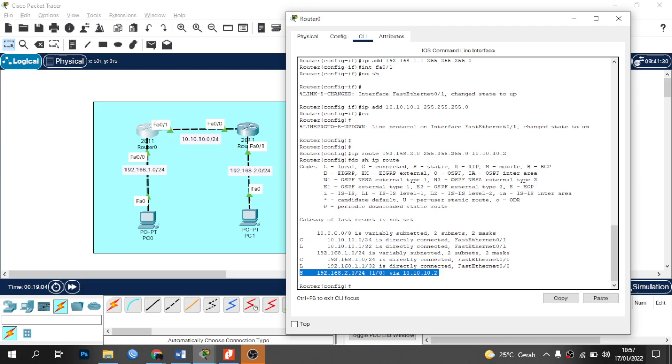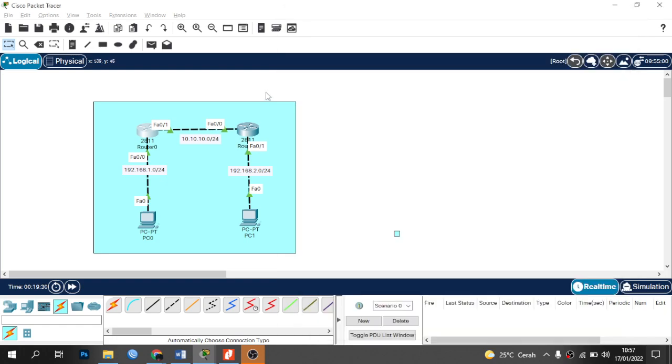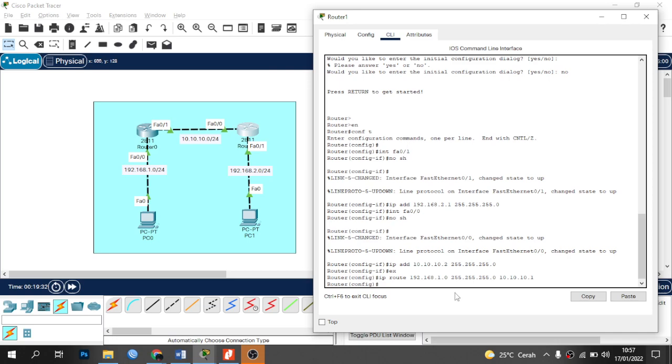This means router 0 can access the network 192.168.2.0 via the gateway IP 10.10.10.2.